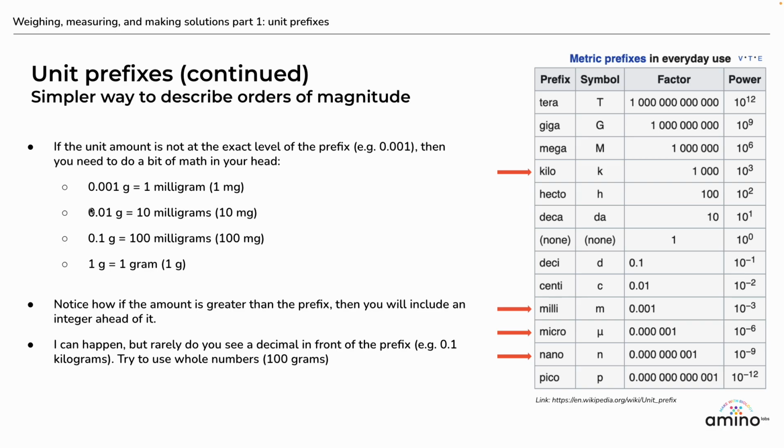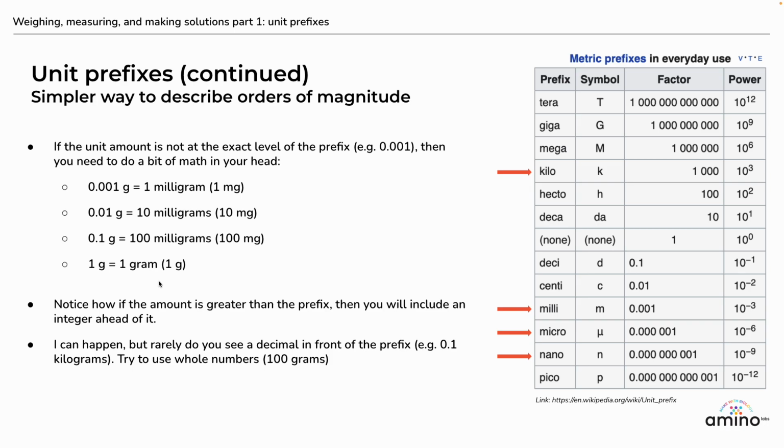So rather than saying, oh, I've got 0.001 grams of this, it's kind of a bit confusing, and it's hard to really gauge how much that is. But once you get used to this system, you could say I've got 1 milligram of something. So it's a little bit easier to communicate, or I've got 10 milligrams or 53 milligrams is a lot easier than I've got 0.053 grams, right?